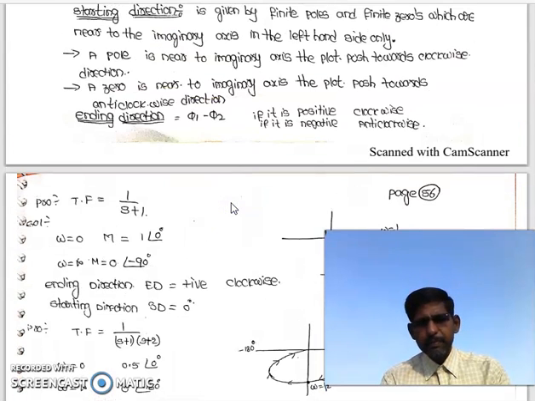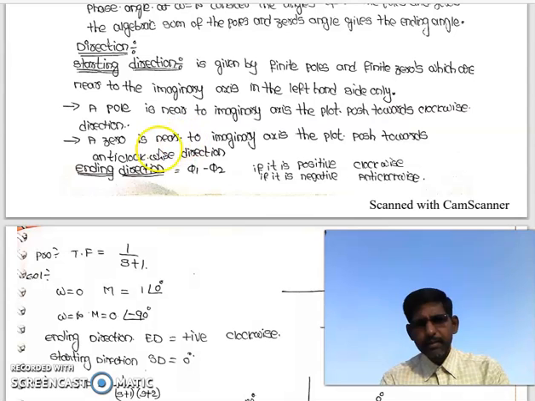Still, if you have any doubt, let us see how we need to consider the starting direction. Starting direction is given by finite poles and finite zeros which are near to the imaginary axis in the left hand side only, that is, the number of poles and zeros lying in the left hand side only.